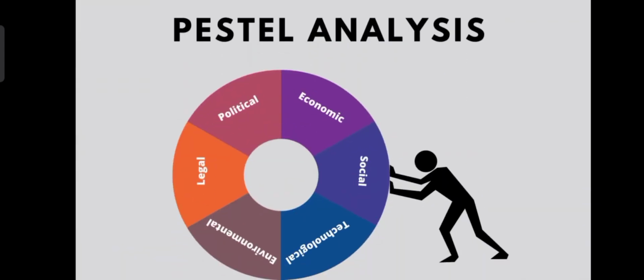So let's try to have this PESTEL analysis. P for political, E for economic, S for social, T for technological, E for environment, and L for legal.